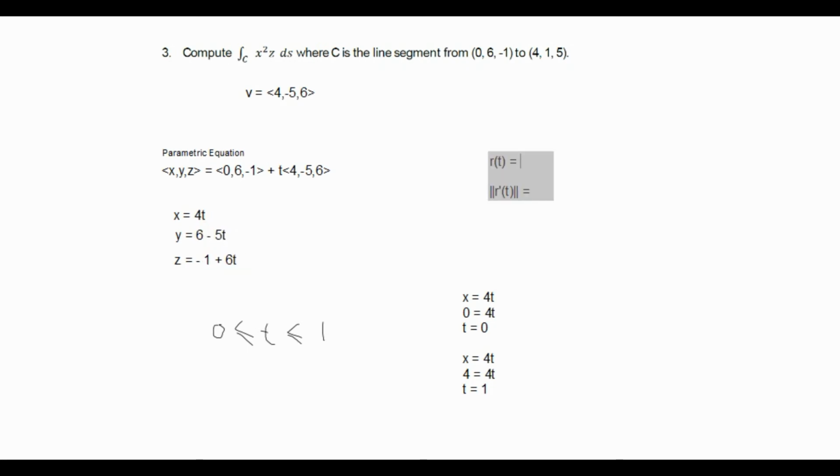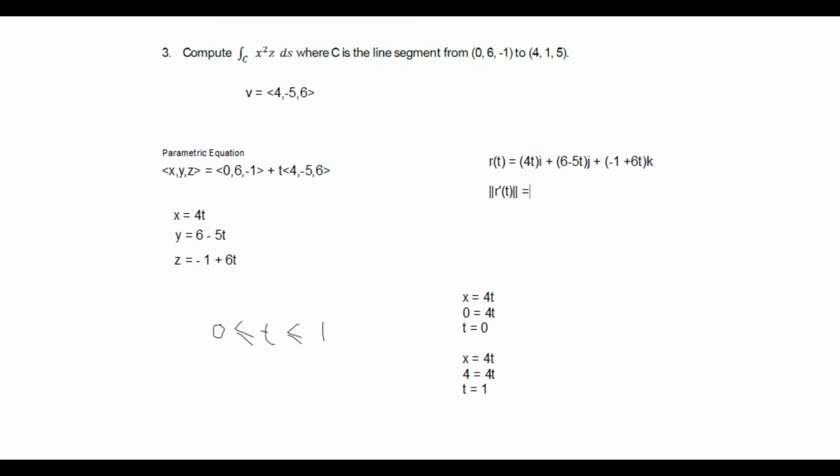So we put it in the form of ijk: 4t i, next one 6 minus 5t j, and plus negative 1 plus 6t, this will be our k.